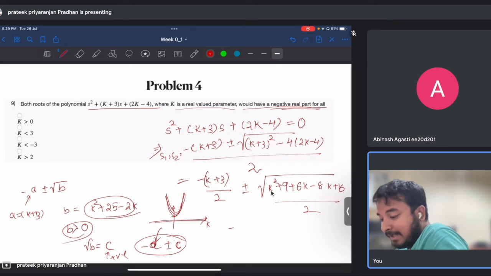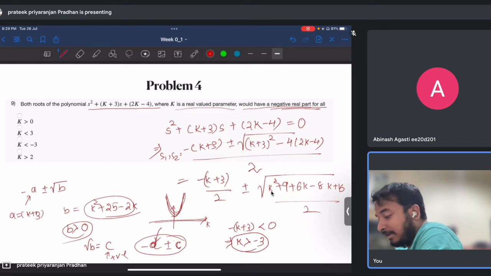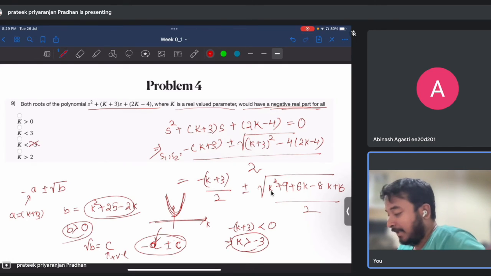So a needs to be positive, which means minus a needs to be negative. So that means k is greater than minus 3 from this expression. So this option is eliminated.